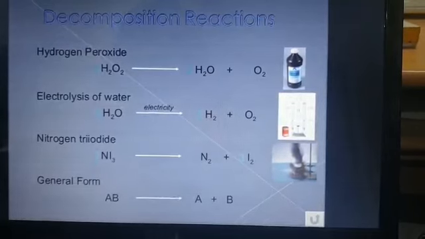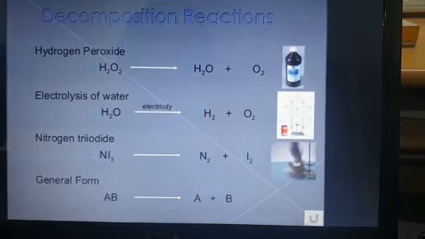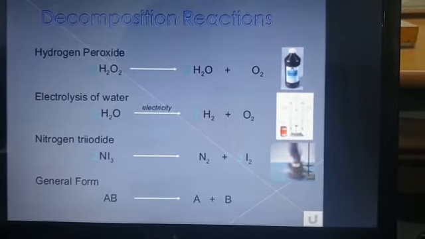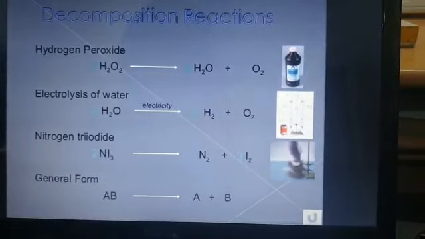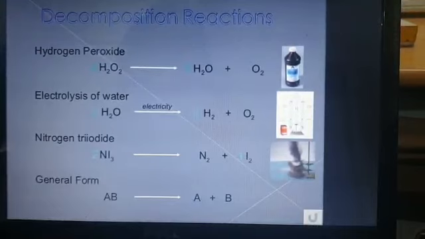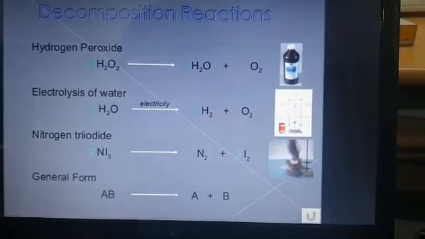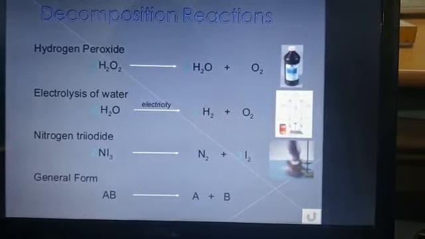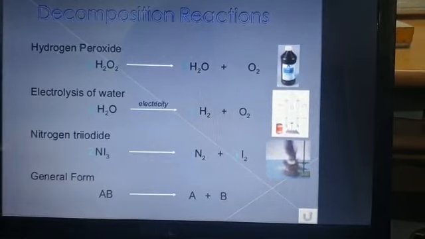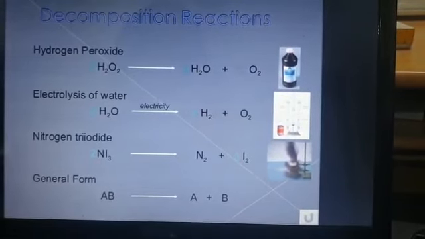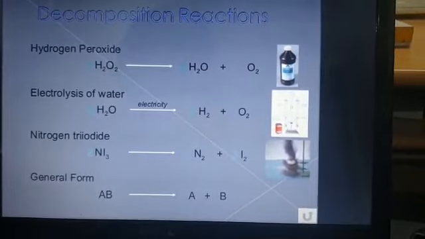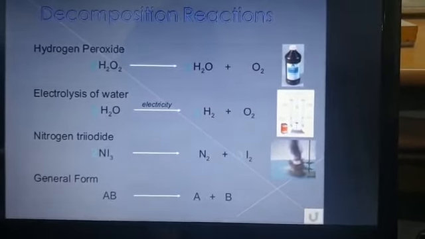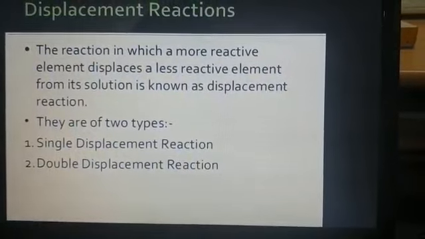This is called electrolytic decomposition. Third example, nitrogen iodide decomposes to give nitrogen and iodine. This reaction requires heat, so this is an example of thermal decomposition. And in general, we represent decomposition as AB giving A and B.